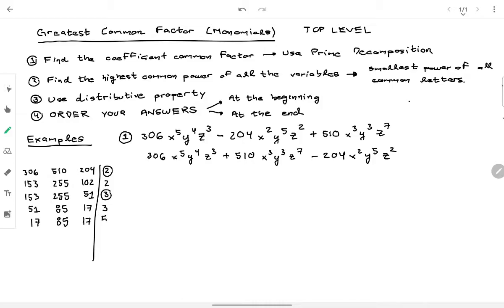Then we can divide 85 by 5, and it's going to be 17.